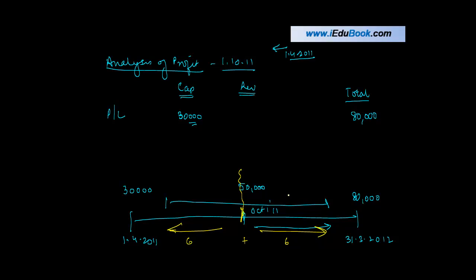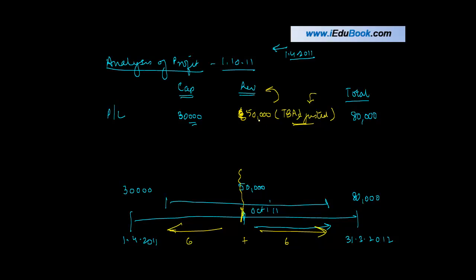So let's say the revenue profits are 50,000, to be adjusted. What does this mean? This means that this 50,000 is not entirely revenue. This has to be split between capital and revenue. So I have just pointed out that this has to be adjusted.